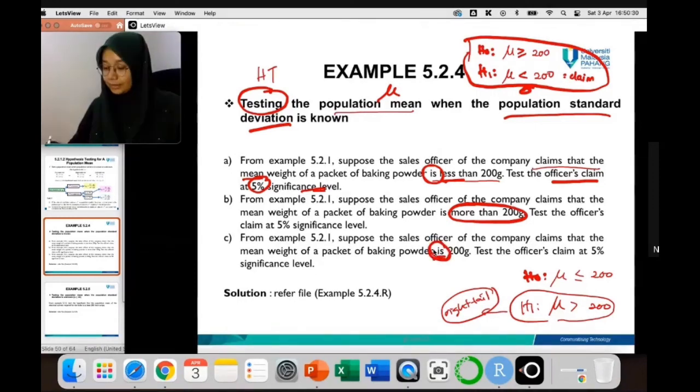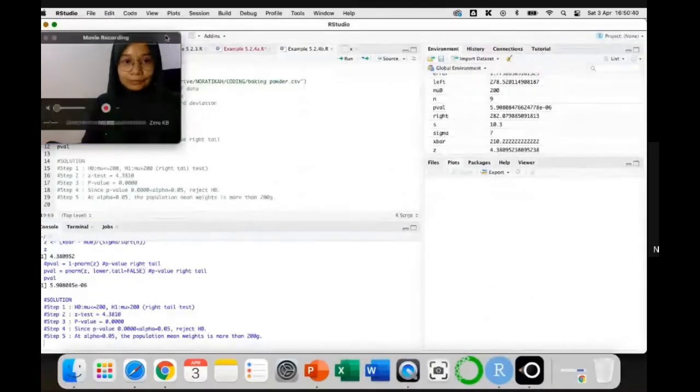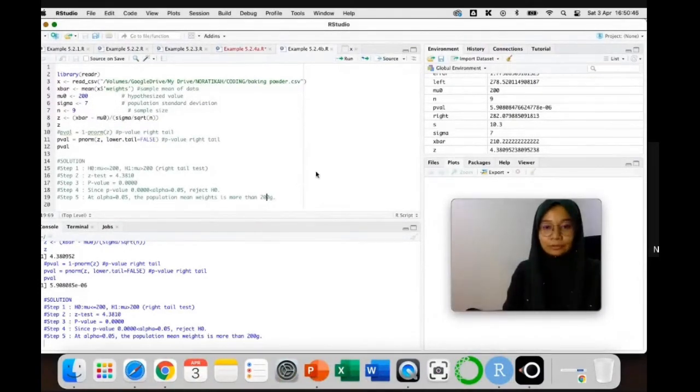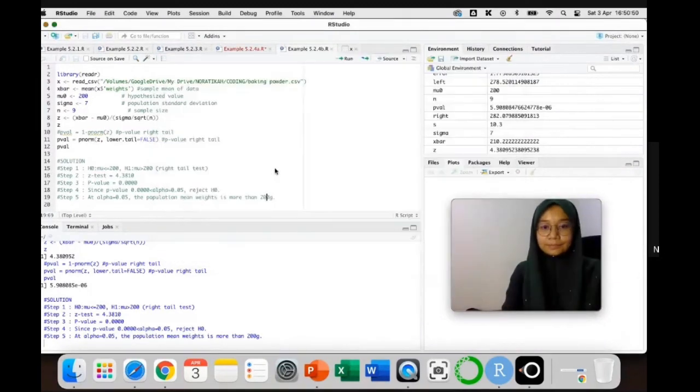So keyword here is, symbol is equal. When the symbol is equals and unequal, it will be a two-tail. Okay, kalau two-tail, sebenarnya you boleh je cari dalam Google, banyak jugalah coding. Ada macam-macam cara.